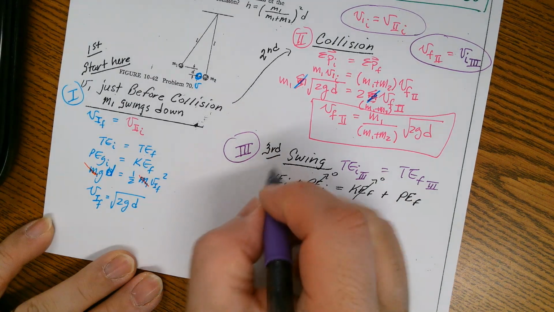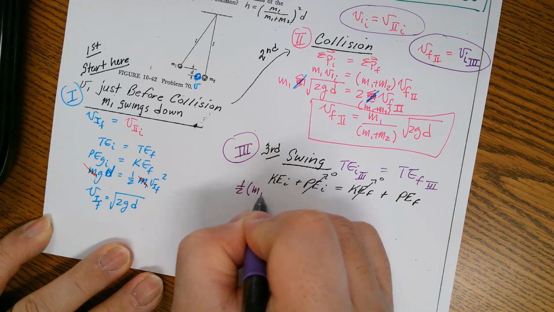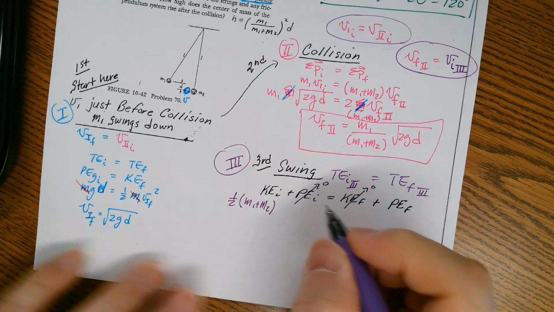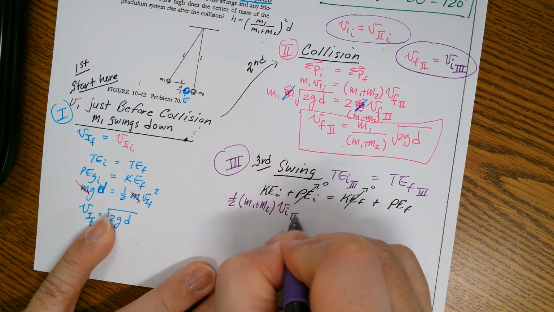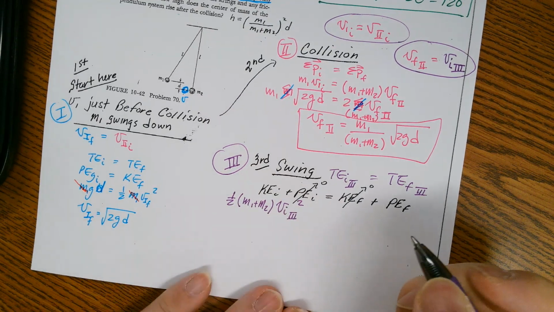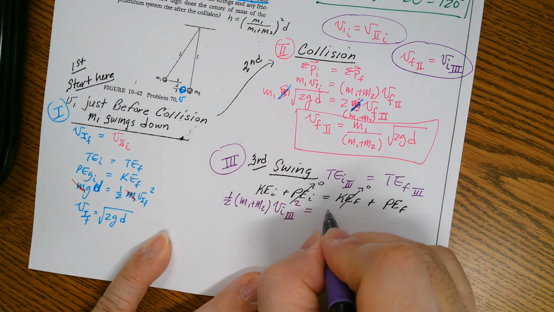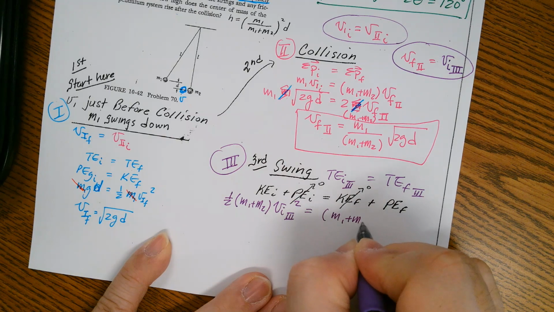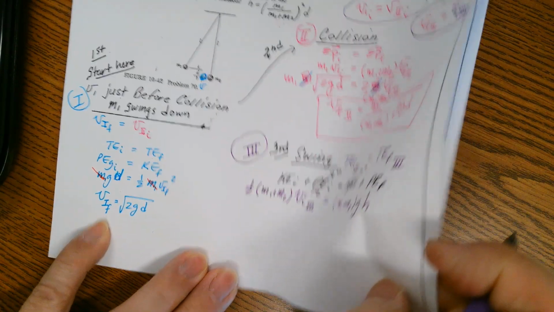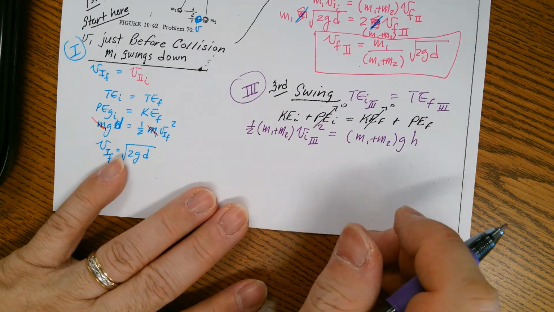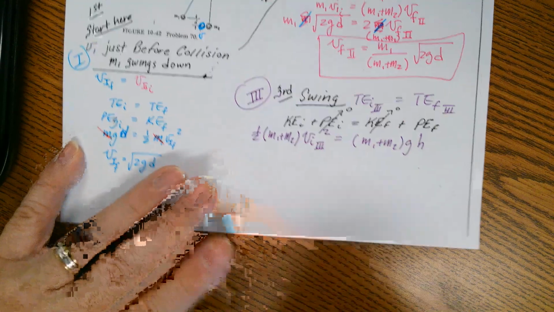So I have 1/2 (m1 plus m2) times v initial of phase 3 squared equals (m1 plus m2) times gh. These two cancel out nicely.